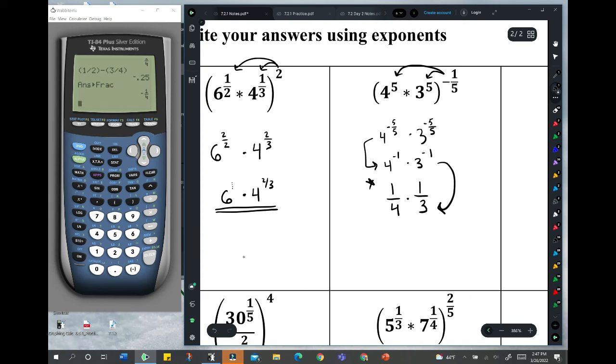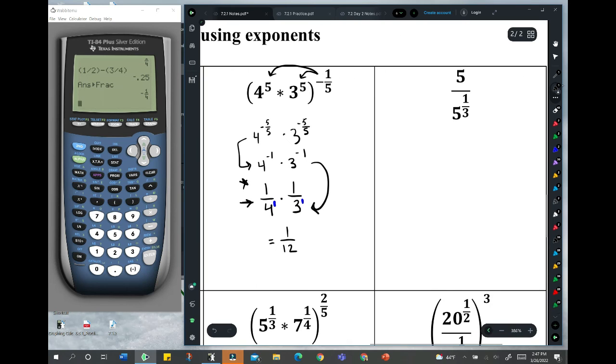In this particular case, since there's no other exponents, if you wanted to make that 1 over 12, you could. You can only do that if the exponents are both 1 in this case to multiply. So the main thing is that you would get to this middle point here. But then if you want to multiply further, you can.